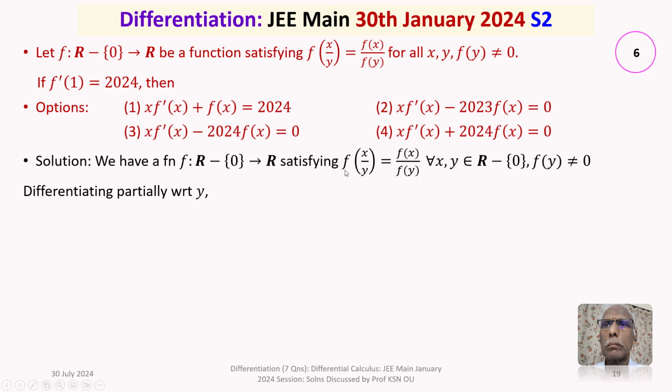So the partial derivative of f of x by y with respect to y is f prime x by y, times the derivative of x by y with respect to y, which is minus x by y square, treating x as constant. f of x is constant because this is a partial differentiation with respect to y, into the derivative of 1 by f of y, which is minus 1 by f of y square, times the derivative of f of y with respect to y, which is f prime y.